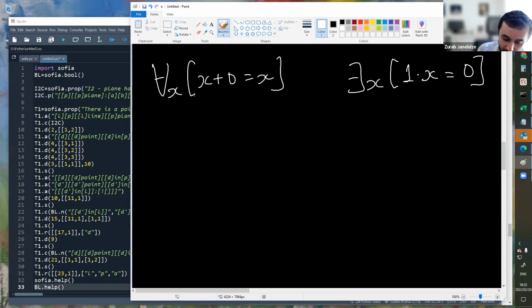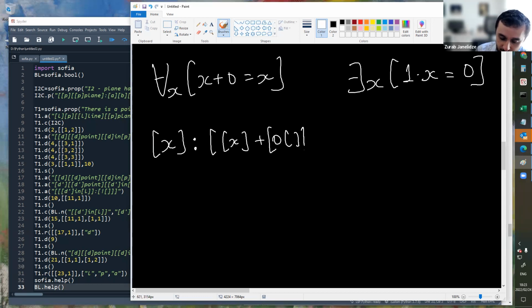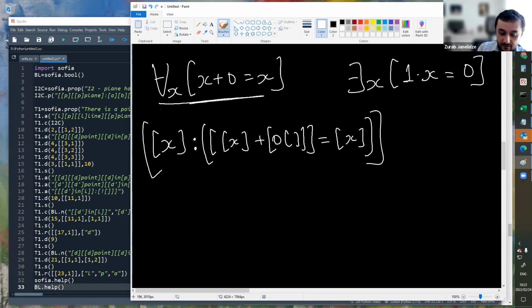So this one would be expressed like this. Given x, I can conclude that x plus 0 equals x. So I'm now using full Sophia syntax. 0 is a constant, that's why we put it like that. Right? So this corresponds to that.